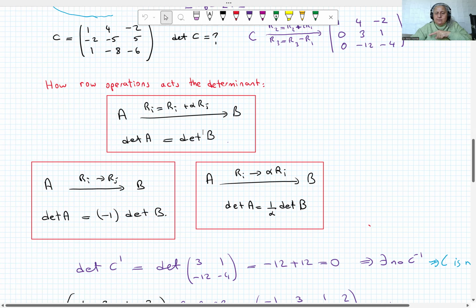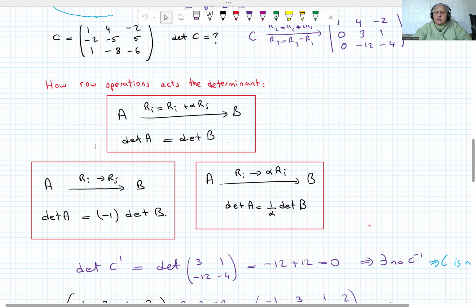So these are the same. If you swap any two rows, it affects the determinant by a factor of -1. If you multiply a row by a number alpha, then the determinant is affected by the same multiple.